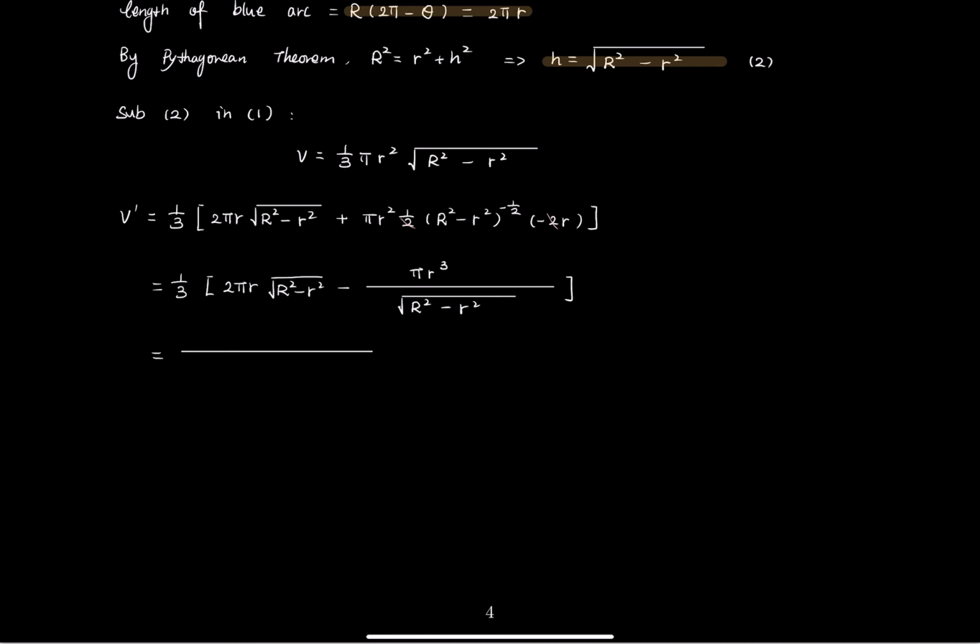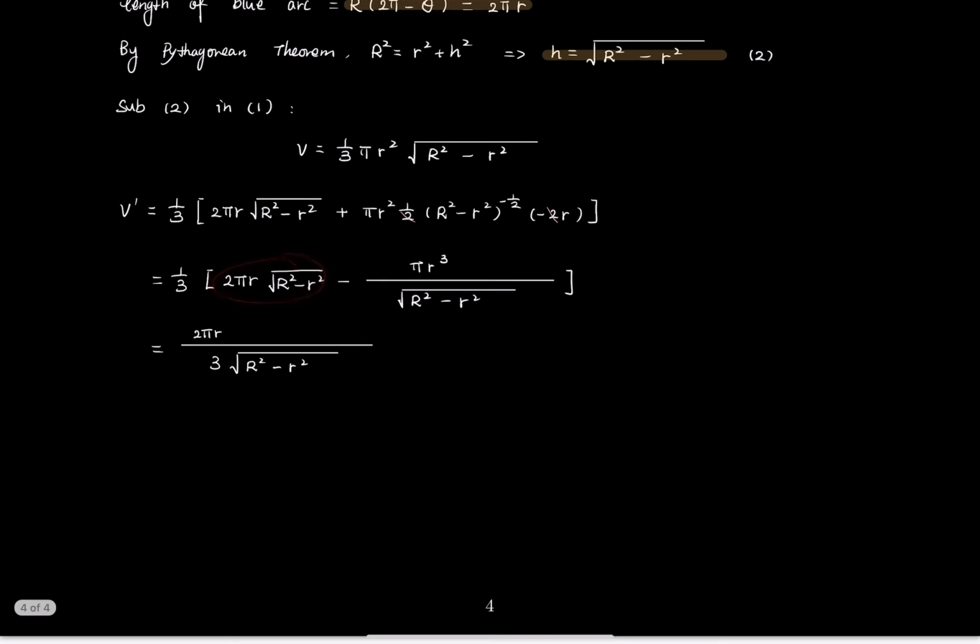So the bottom is gonna be 3 times square root of R squared minus r squared, and on top, I'm gonna have 2 pi R. So this whole term, in order to put on top of this, you need to multiply by this. So that's gonna be R squared minus r squared, and then minus pi r cubed, sorry.